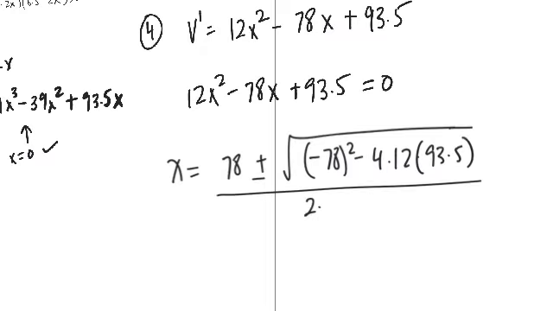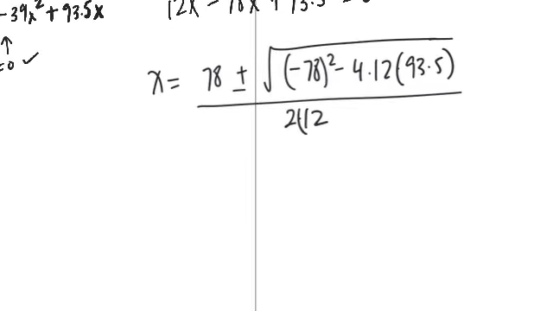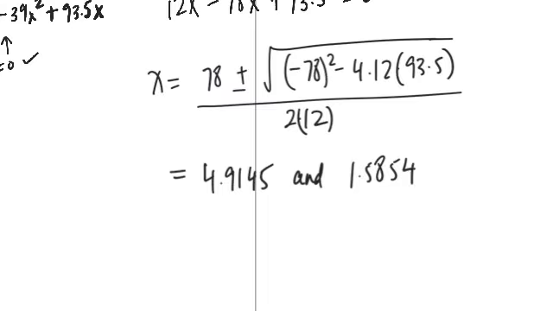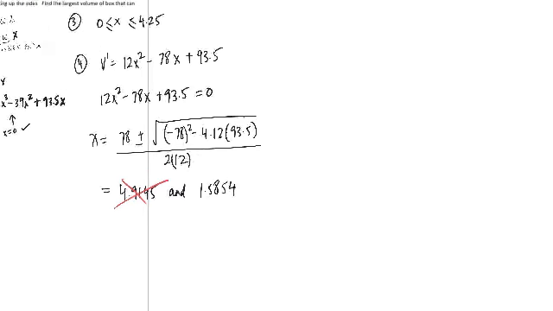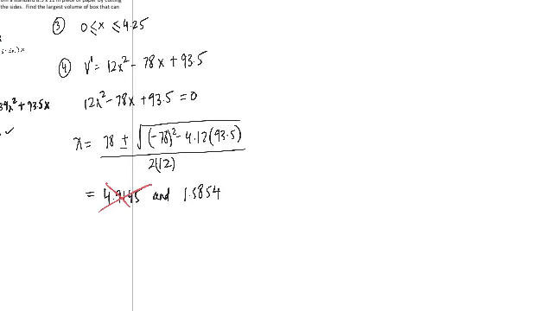So practice getting these numbers into your calculator and getting out the two roots, 4.9145 and 1.5854, right? These are going to be my two roots. I do not have to worry about this critical point, because it's not in the domain from 0 to 4.25.